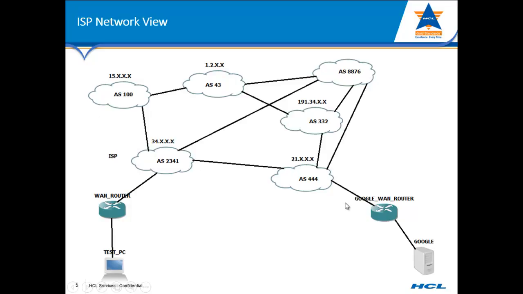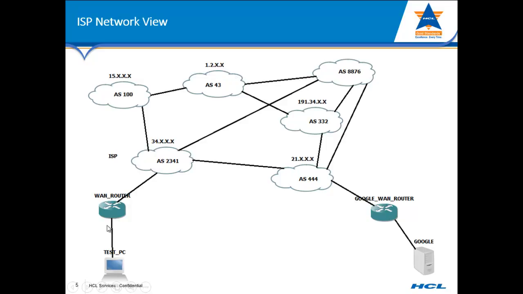I know google.com is connected to autonomous system 444, which has the public IP address series 21.x.x.x. These autonomous systems share routes between themselves. That means autonomous system 332 will share routes with 43, telling it that I have the 191.34 series, and this one will share the information that I have the 1.2 series.